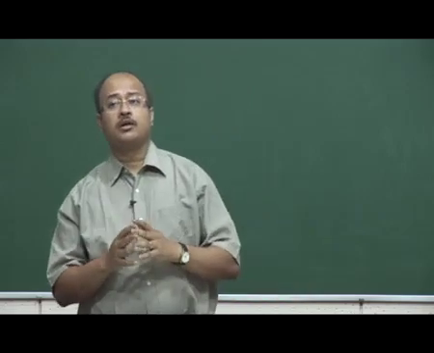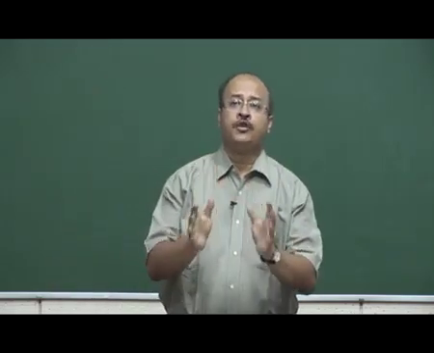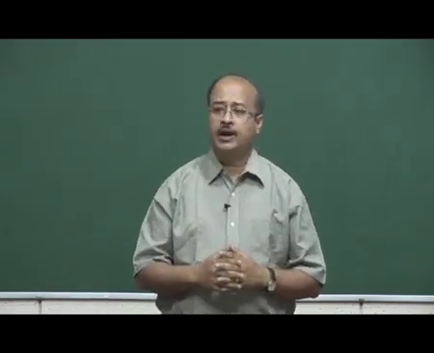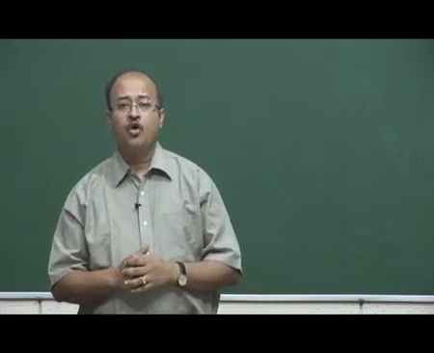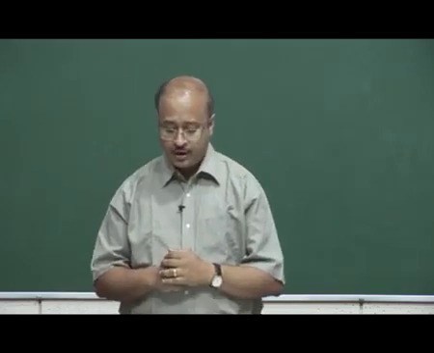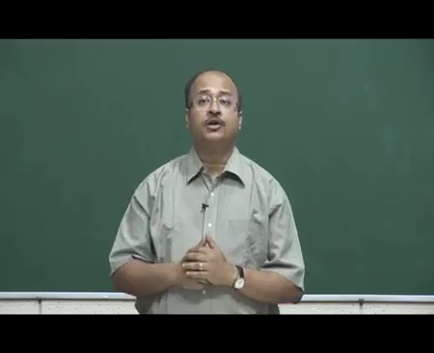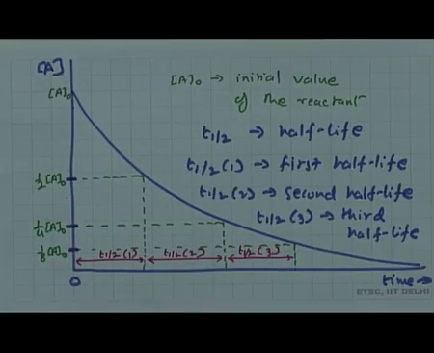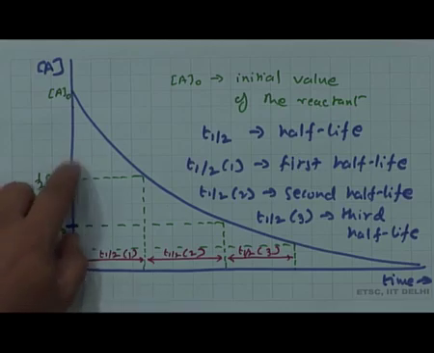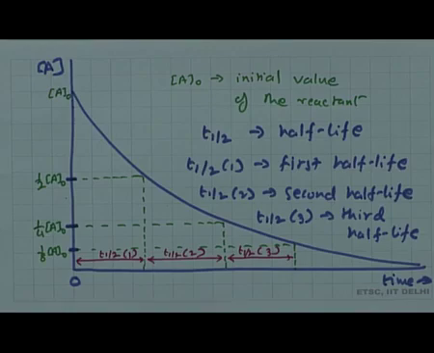So, yes, from this kinetic profile, given the starting reactant concentration and the manner in which it decreases as a function of time, we will be able to figure out from this experimental curve what my half life would be.